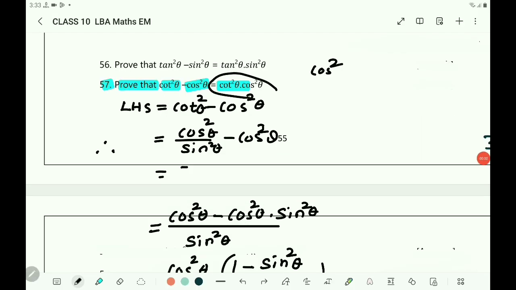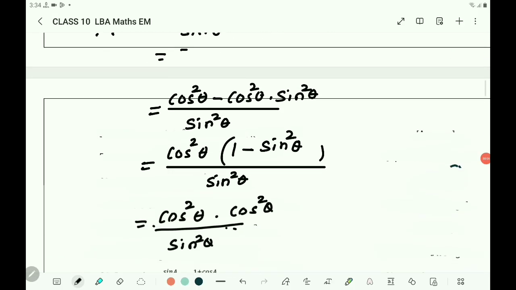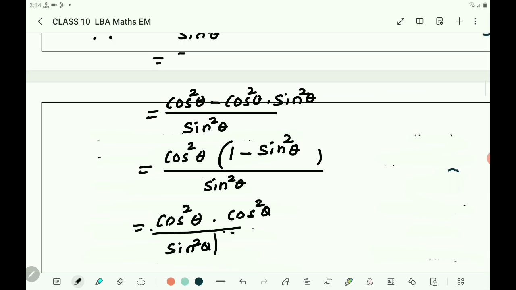Here the RHS is cot square theta into cos square theta. Here cos by sine is cot. So cos square theta by sin square theta is cot square theta, and you write cos square theta as it is. This is the RHS.